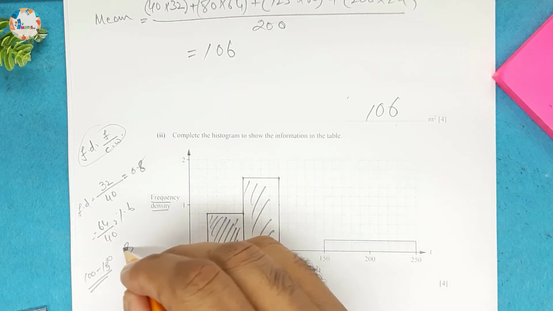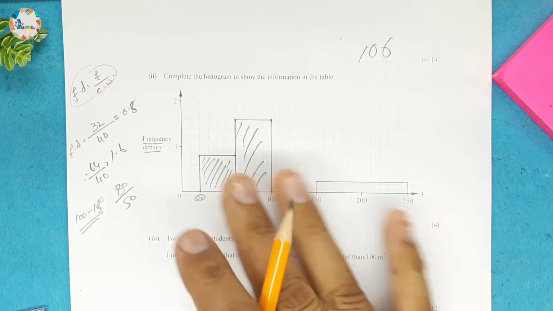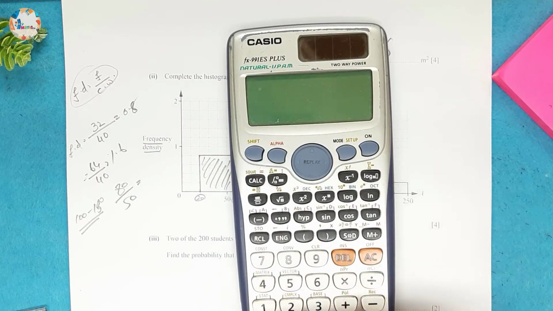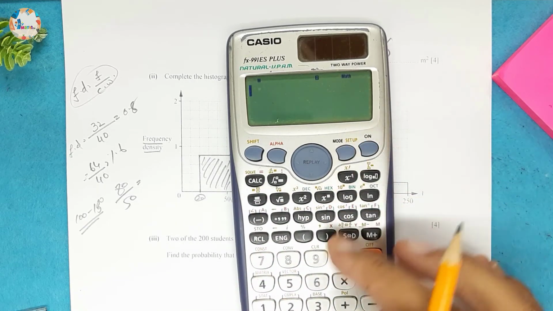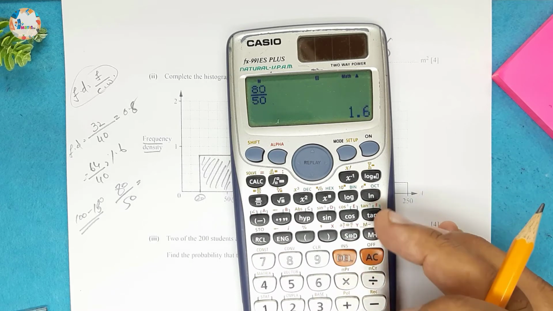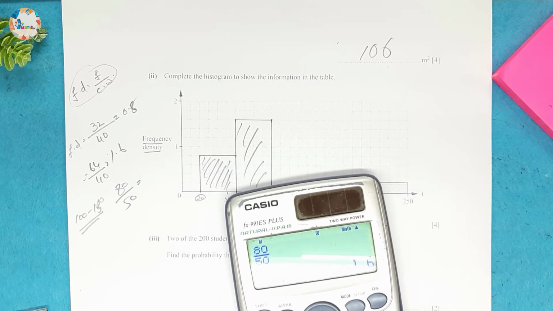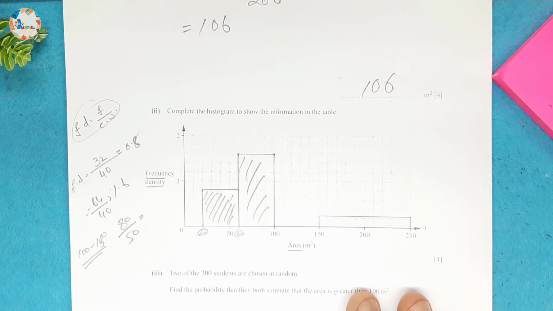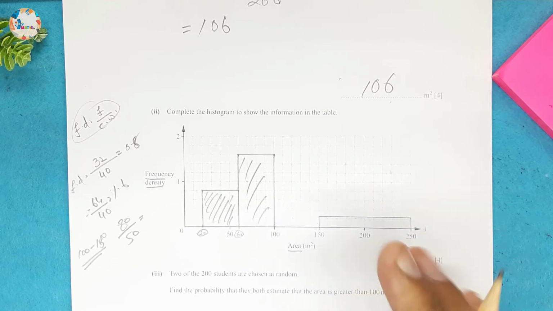So 80 divided by 50 will be equal to 1.6. So this will be again 1.6.